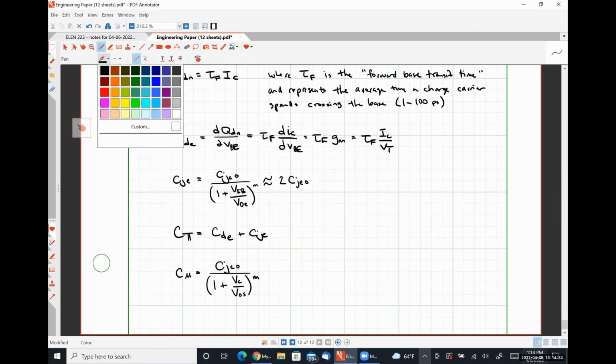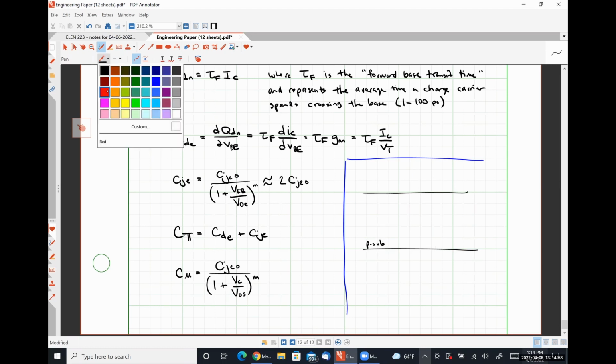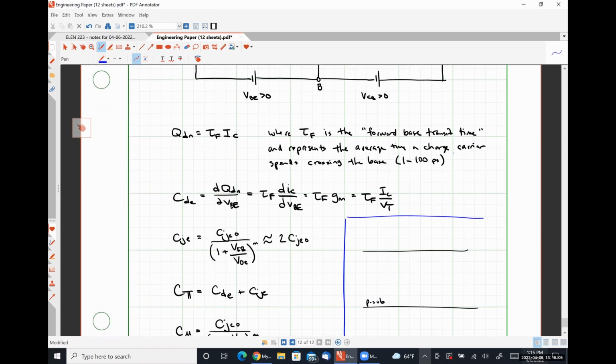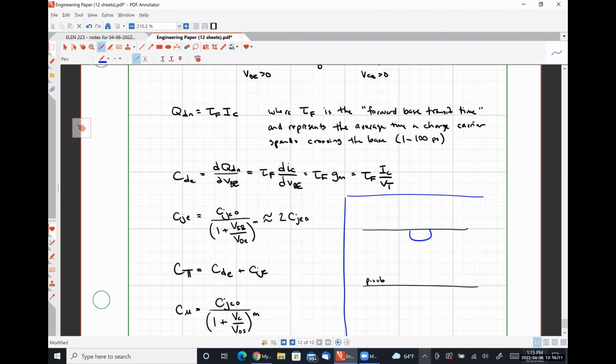So over here on the right-hand side, so I can wrap this up on a single page, if we were to draw a BJT, where here is our P substrate, we would have our emitter region, which is doped very heavily N-type.